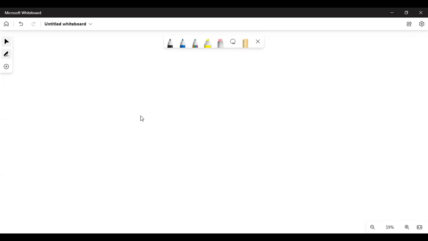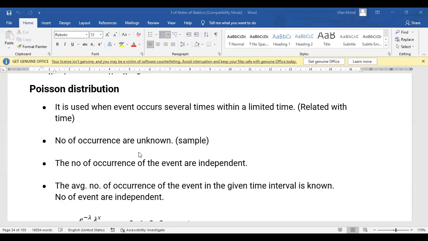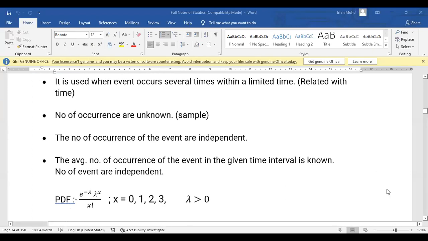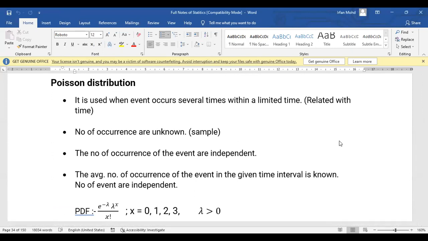I'm sharing a screen once again. Let's write this one. Poisson distribution. Anisha, write this topic. Am I audible to you, Anisha?